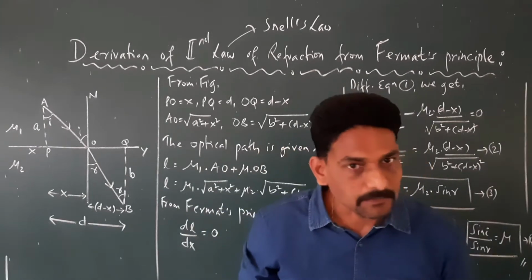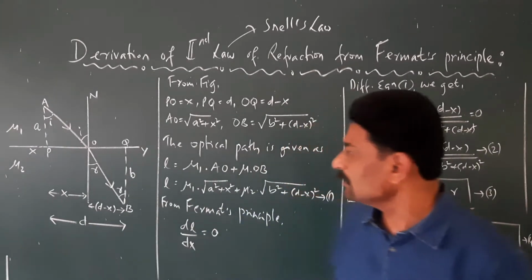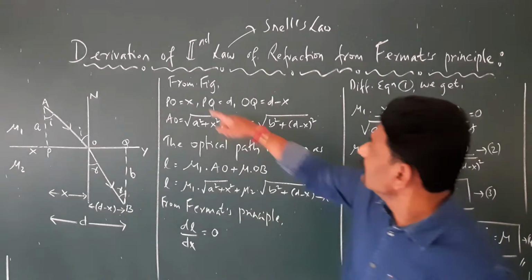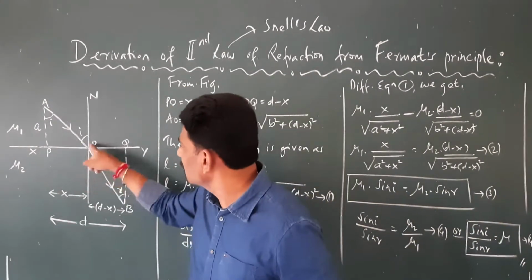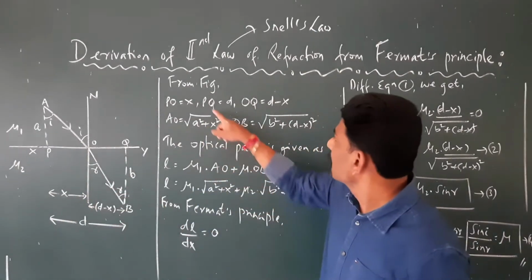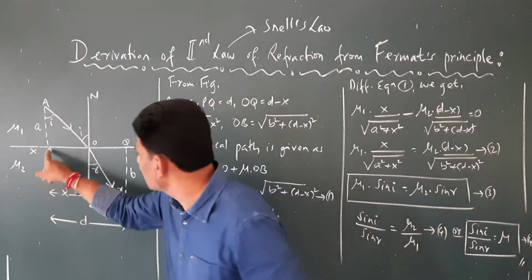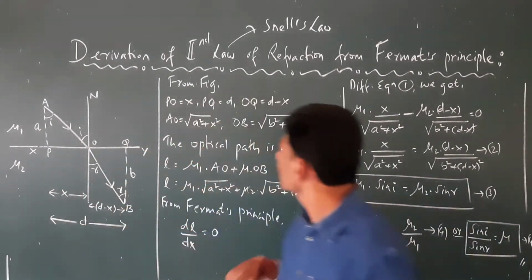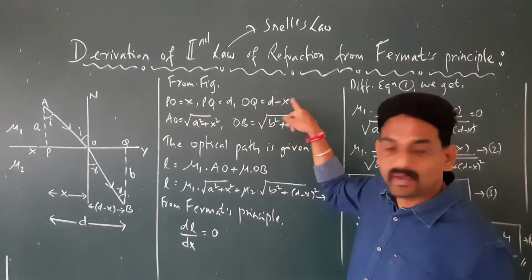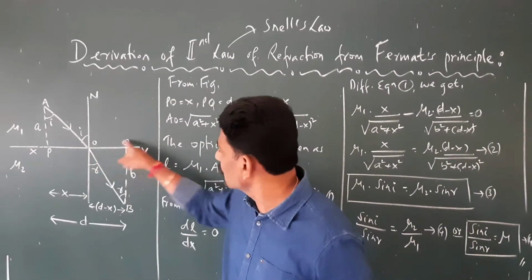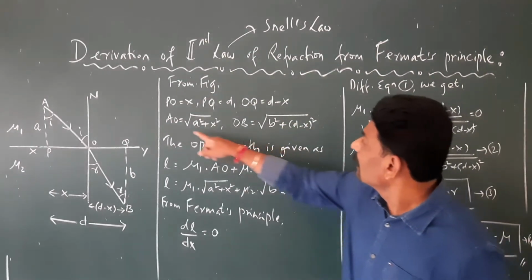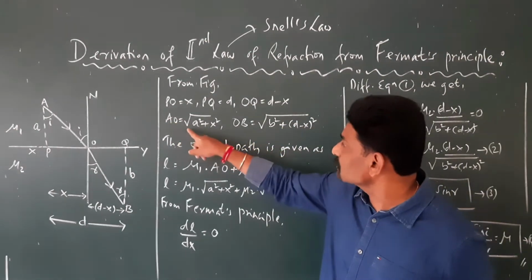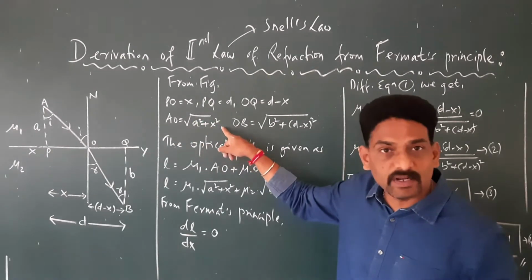From the figure, PO is x, PQ is d, and OQ is d minus x. Then the distance AO is the square root of a square plus x square.